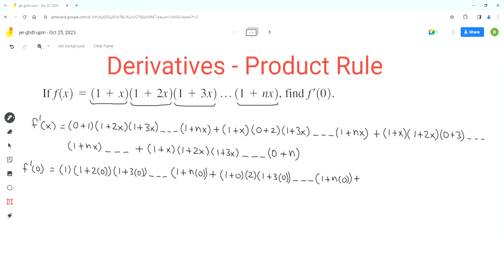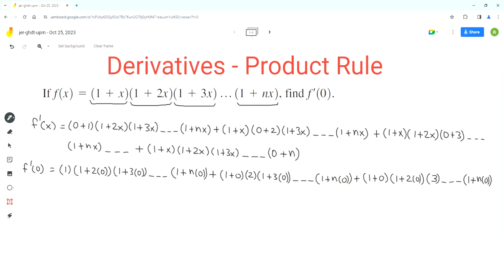Now plus, the first function will become 1 plus 0, then 1 plus 2 times 0, and then the third one will become just 0 plus 3, which can be reduced to just 3, and then all the way to the nth one, which will be 1 plus n times 0.